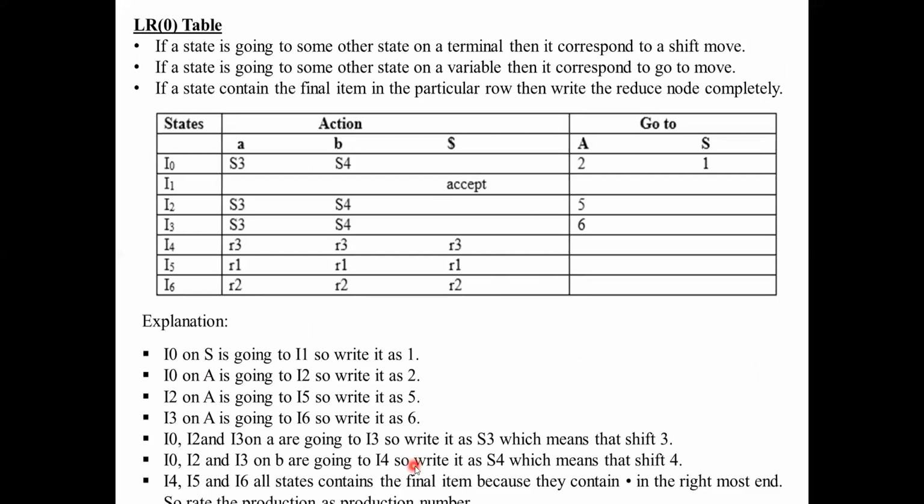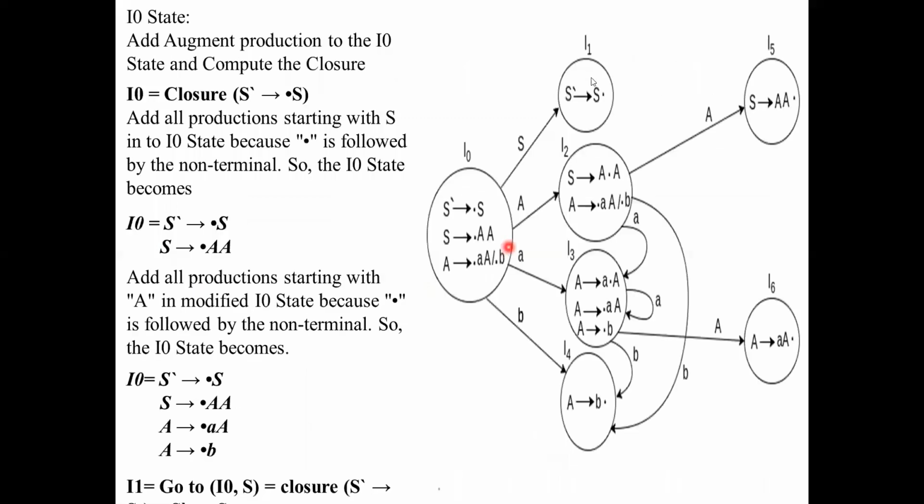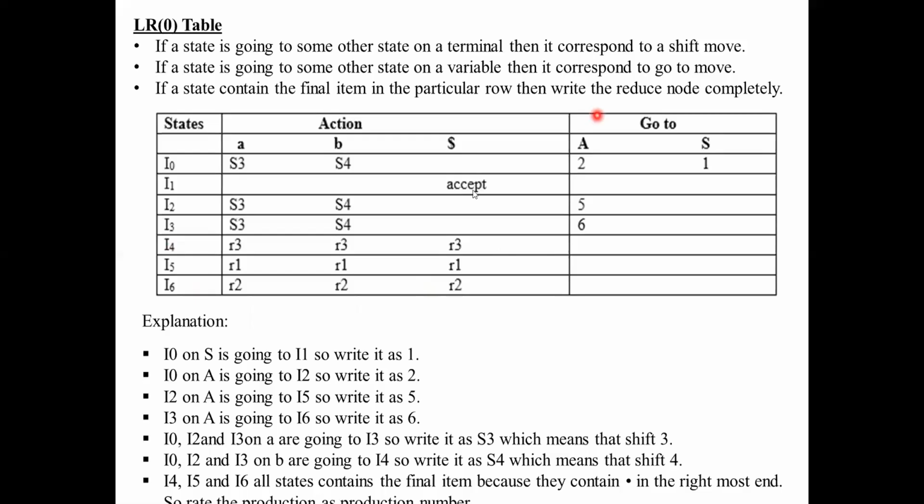Now move on to the next part: the remaining entries. What about I4, I5, and I6? According to this diagram, these are the final states, and I1 is also a final state. Where we use the augmented grammar production, we always use the accepted state condition. Dollar is always the last symbol in the input string, so that is the acceptable state.